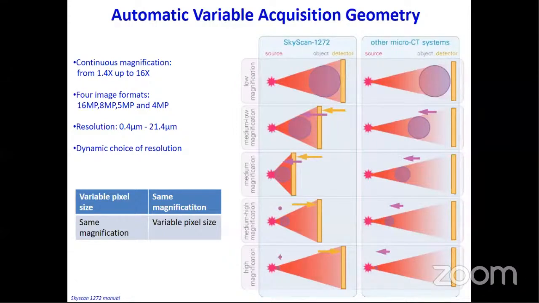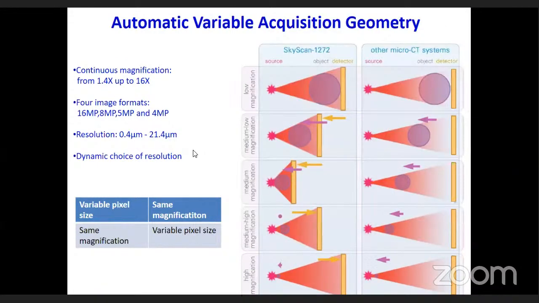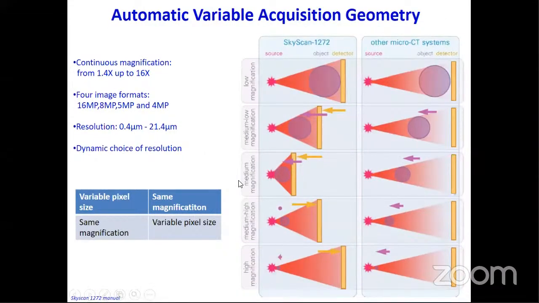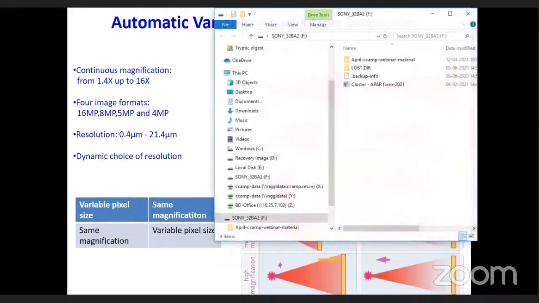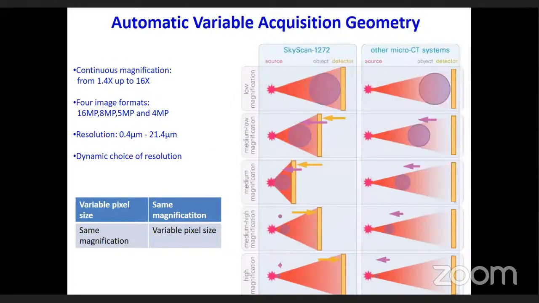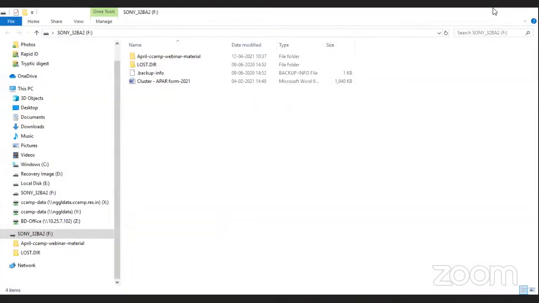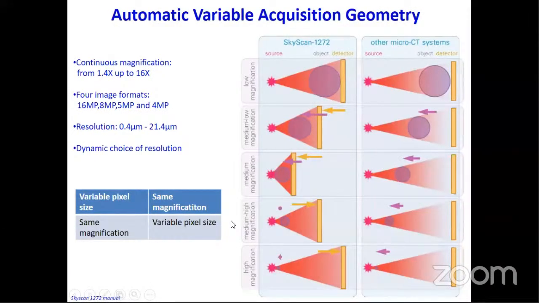With this kind of dynamic adjustment system, we have the option to scan an image with variable pixel size, but with the same magnification. For the same magnification, we can also image in variable pixel size.